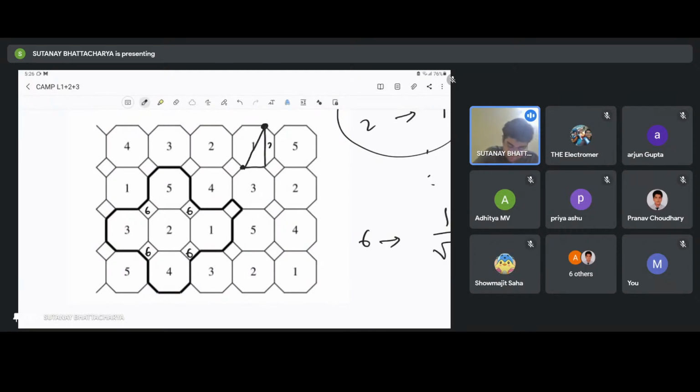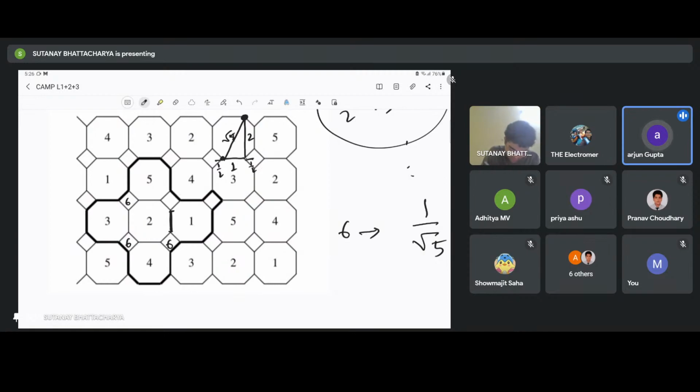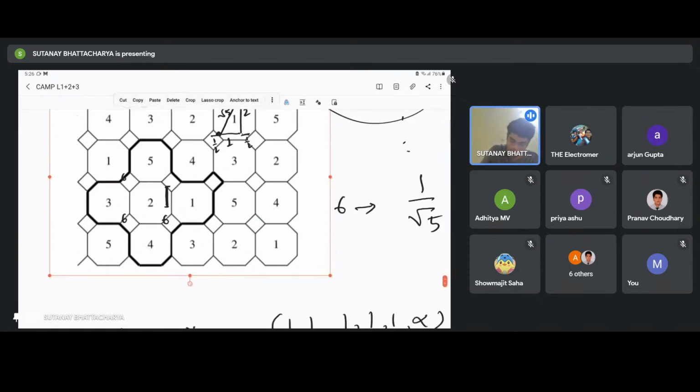So this is 2, and this should be 1, hopefully. This is indeed 1 because you're taking out half and half from here. This leaves us 1. So this is root 5. And what about the sixth color? That's just this distance or this distance. Yeah, that is just 1.